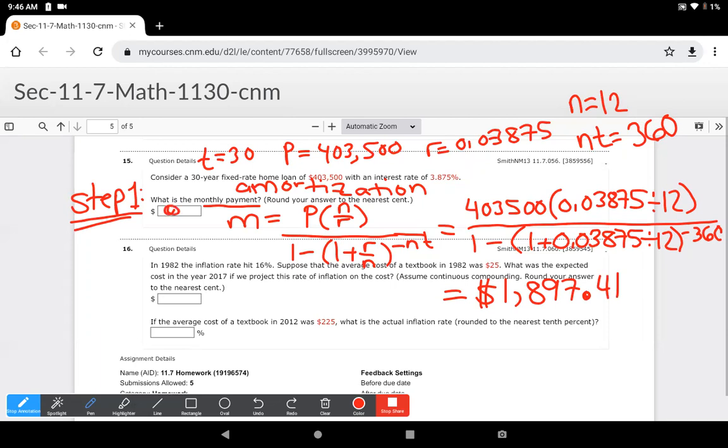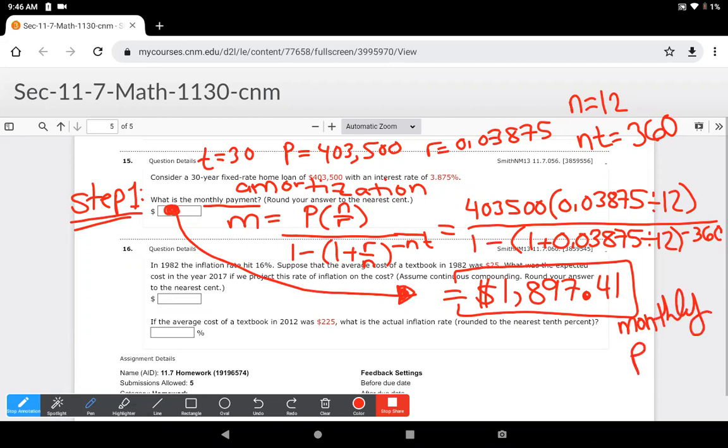So that's our mortgage payment. And so that was step 1 of the last problem. Step 2 was then to multiply this by 360. And step 3 was to then subtract the original amount from this times 360 to find out what the interest we were being charged is, right?